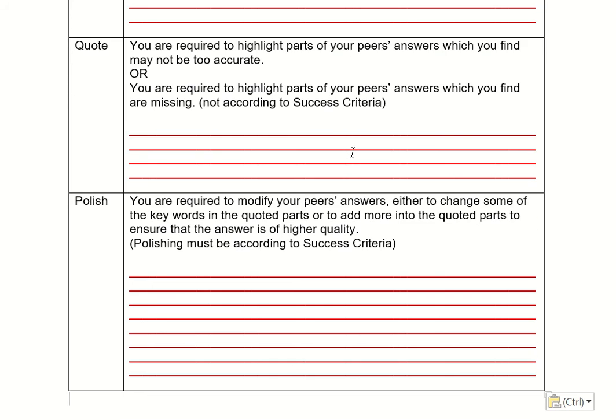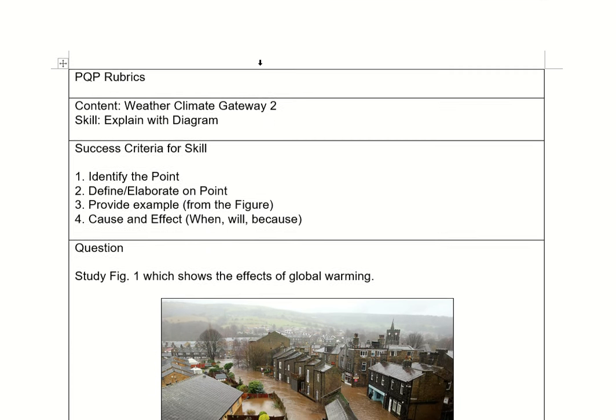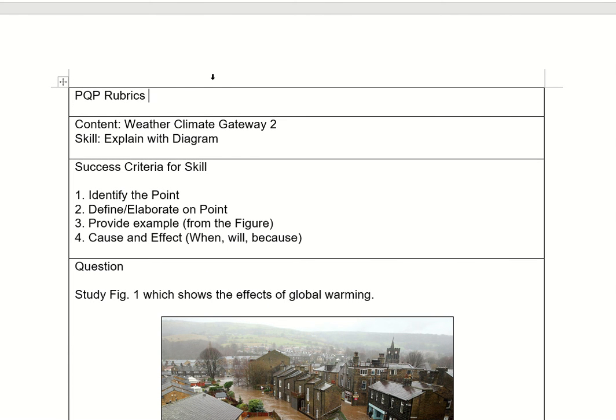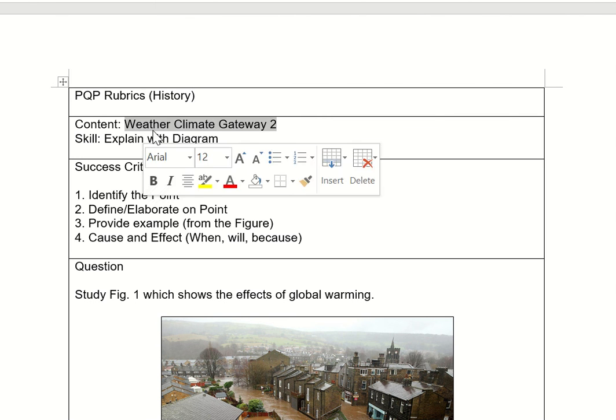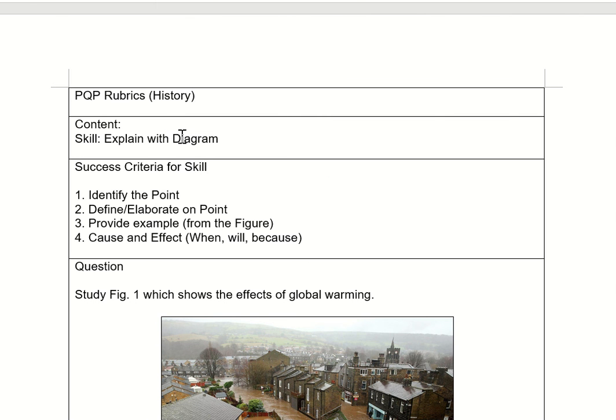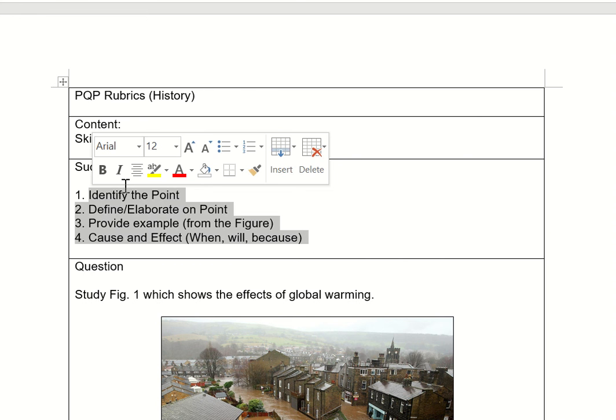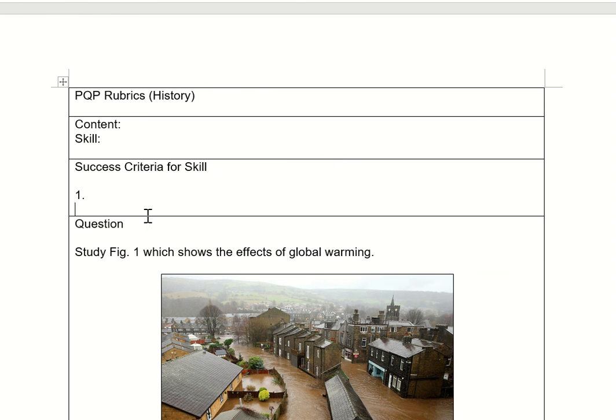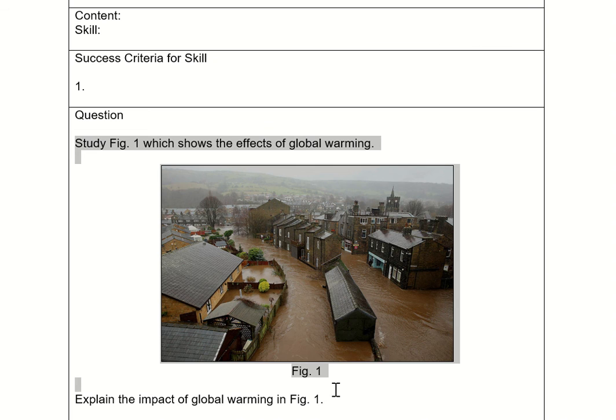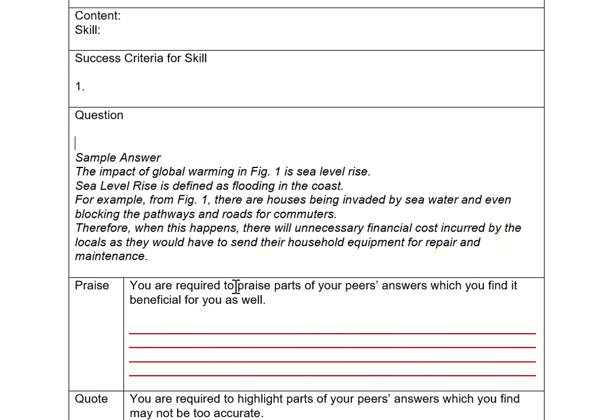I'll put a template here for you to complete. I'll change it now. I'll just put here history. Decide among the three of you what content you want to do, what skill you want to fill up, what the success criteria of the skill are, and then the question plus the sample answer.